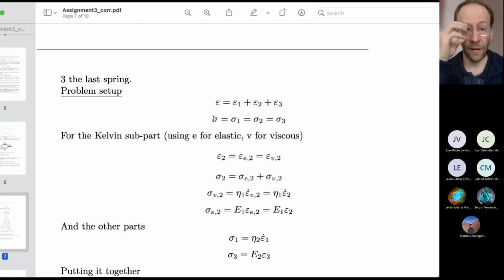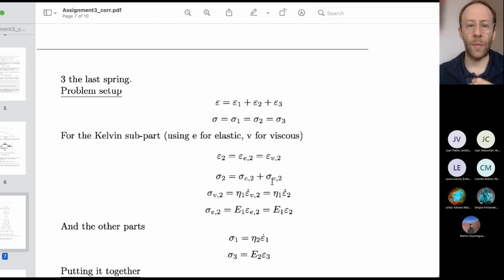For the Kelvin, you know that you equate the deformation and you add up the stresses. So basically, one of them sums up the deformations and equates the stresses, and the other one does the opposite.